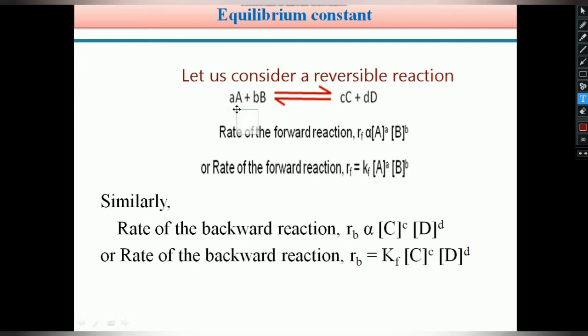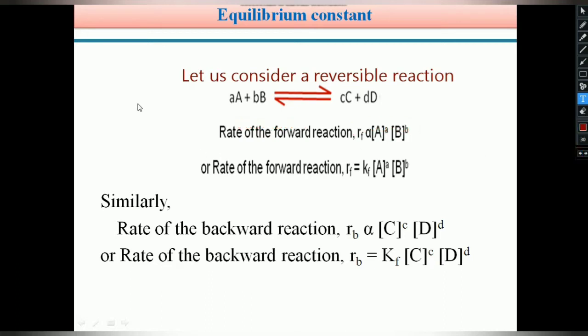A and B are the reactants or substrates and C and D are the products. Therefore, it is a reversible reaction. Reactants are converted into products in the forward reaction. In the backward reaction, again products react together to form the starting reactants, starting materials or substrates.